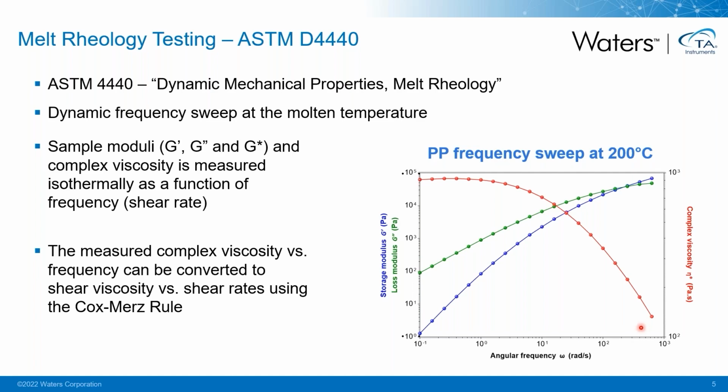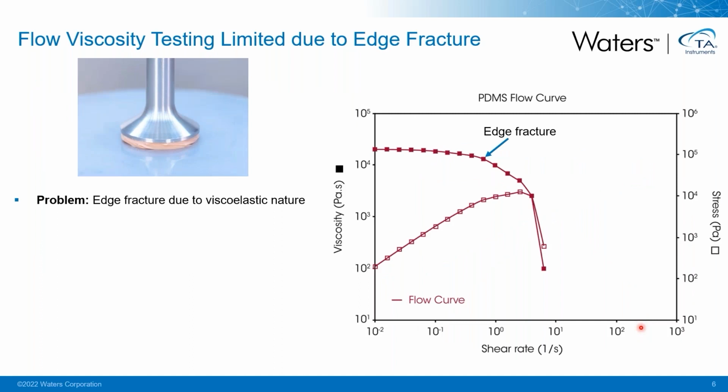In most cases, the traditional flow viscosity measurement as a function of shear rate is limited for testing molten polymers. From this video, we can see that the polymer sample undergoes an edge fracture even before the shear rate reaches 1 reciprocal second.